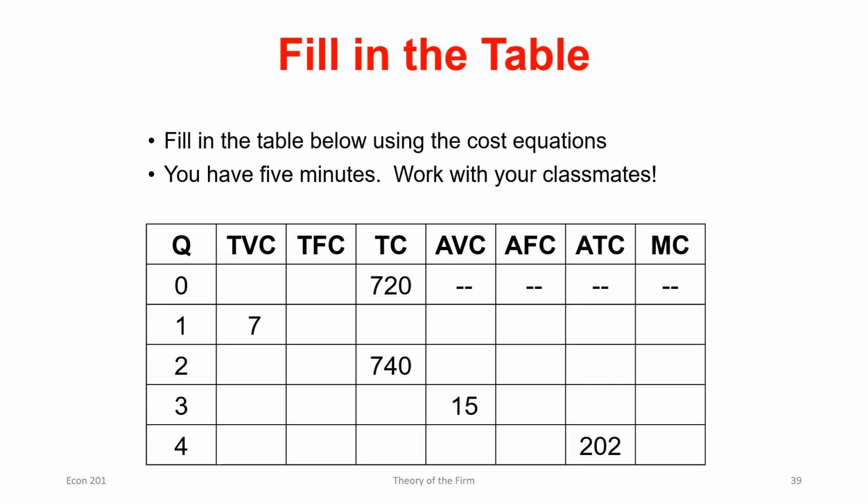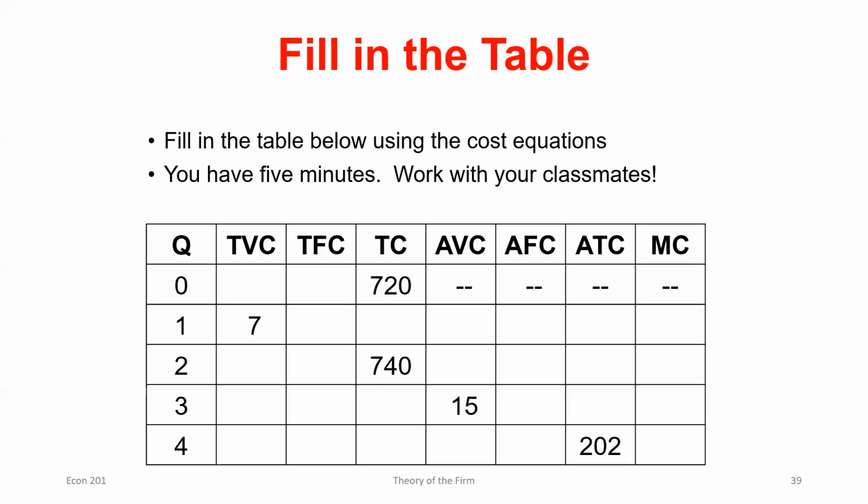If I've got my average variable costs, I can back out my total variable costs, since average variable cost is total variable cost over quantity. So if I know my average variable costs are 15, and I know that it's at a quantity of 3, now it's just a little bit of algebra to solve for those total variable costs.